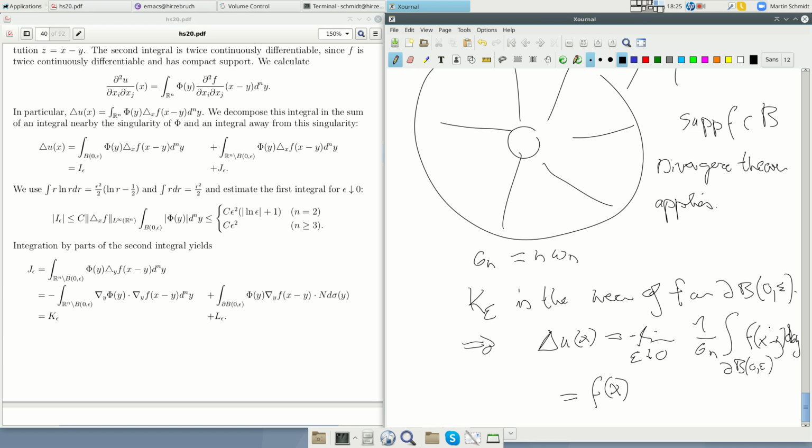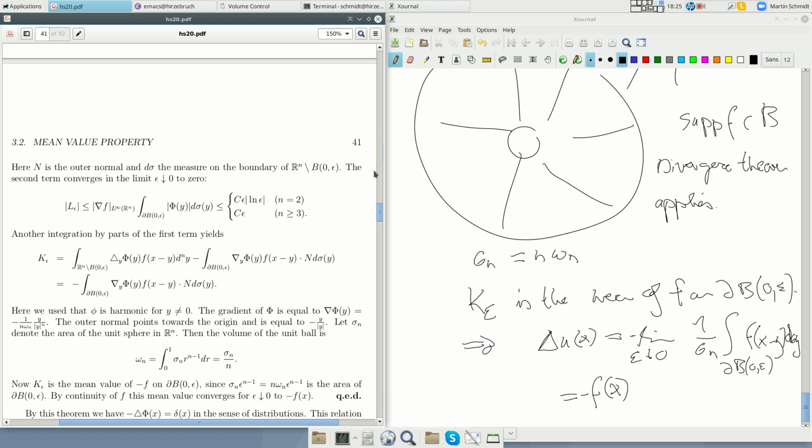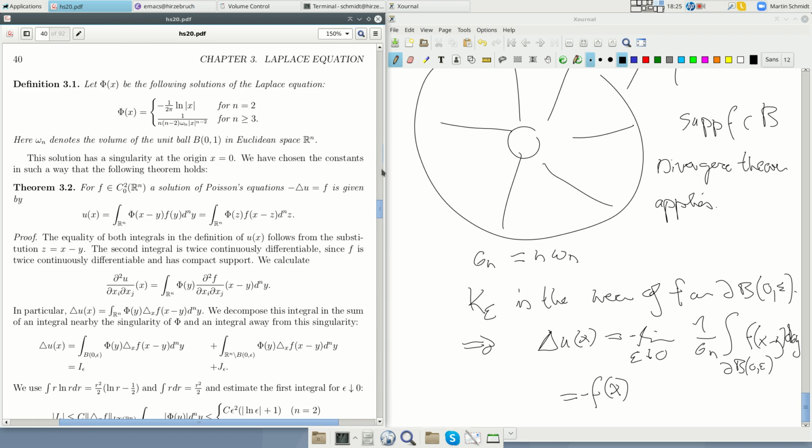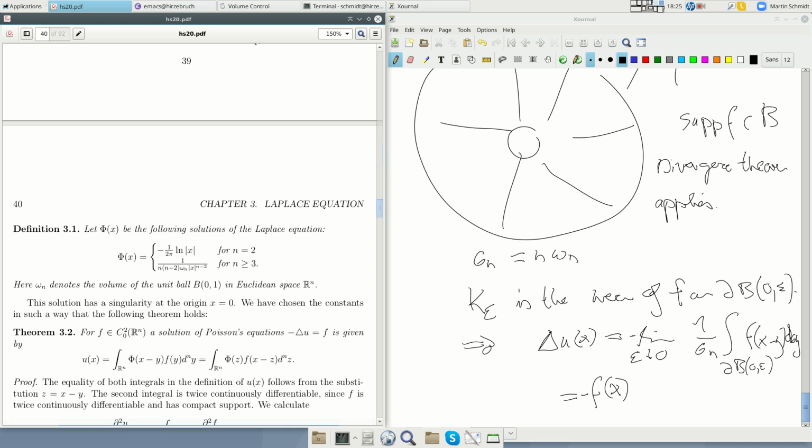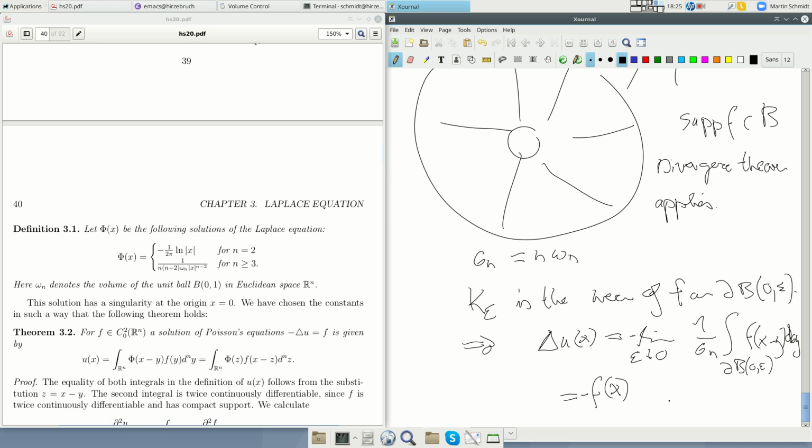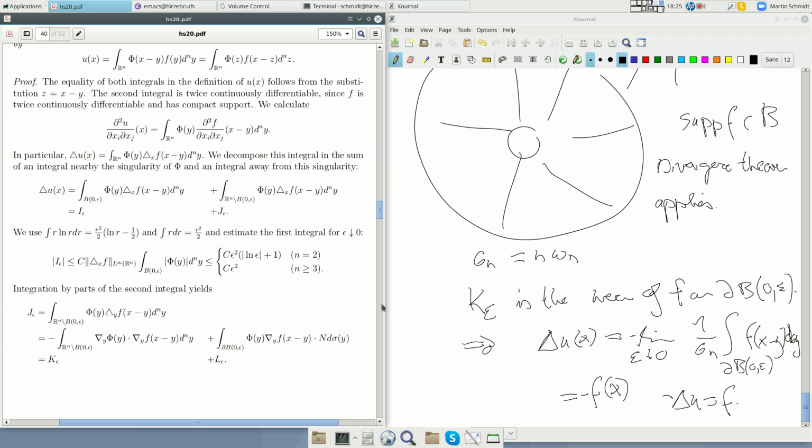And so the mean value then of course gives just f of x. So for this reason we have proven this with a minus, and this was exactly what we wanted to show. So in particular minus Laplace u is equal to f.